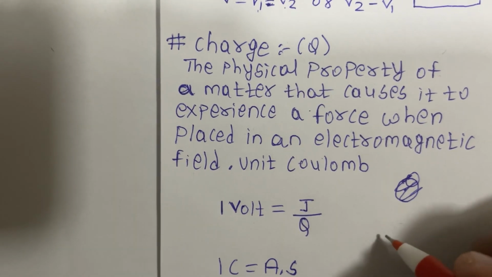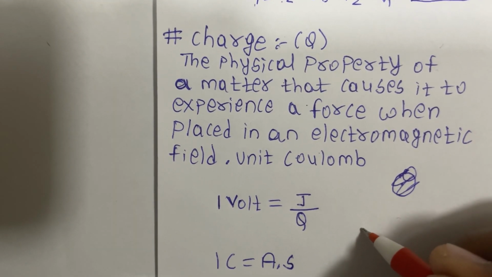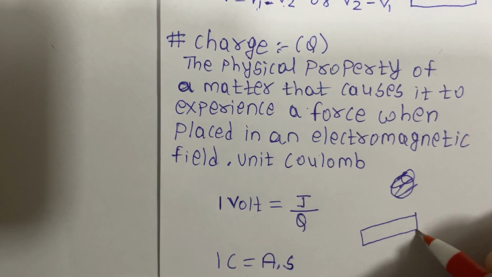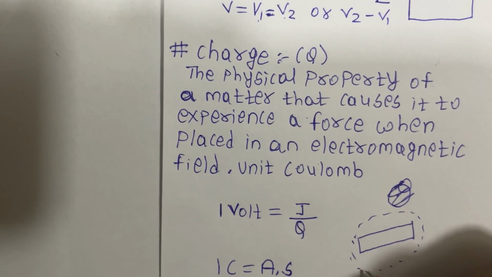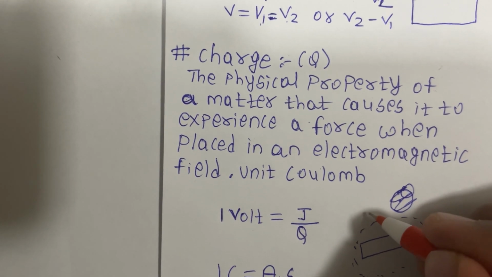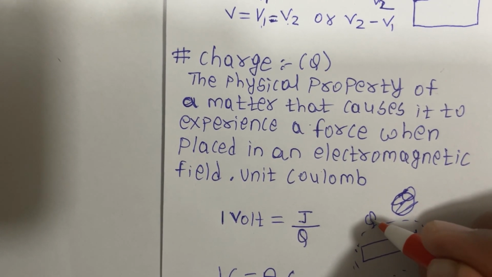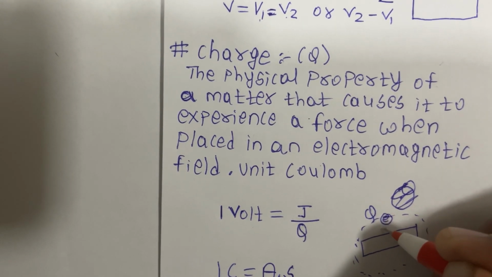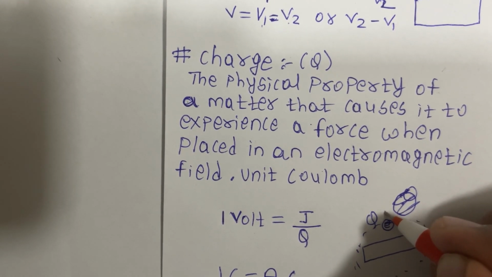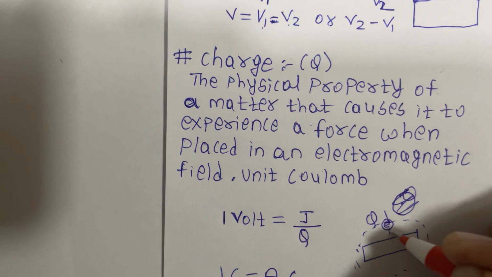For example, if this is a magnet, it will have some magnetic field around it. If we put some element with charge Q, let's consider an electron E, the magnet will pull the electron towards it.